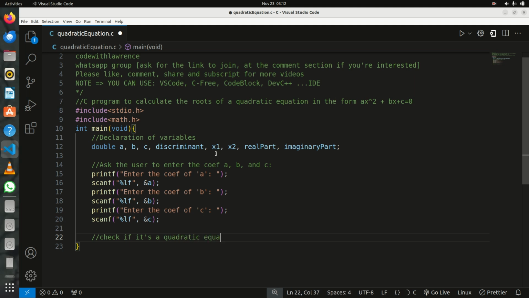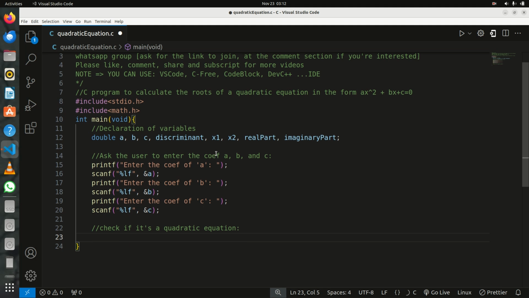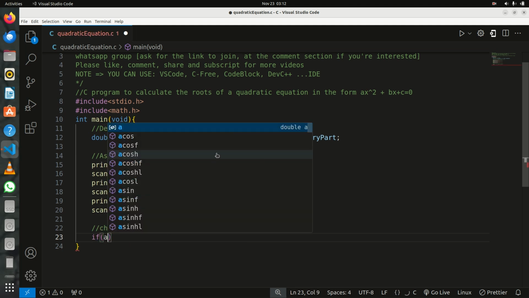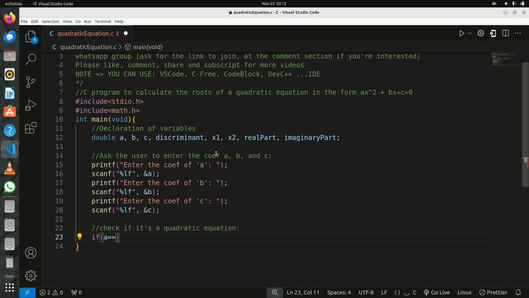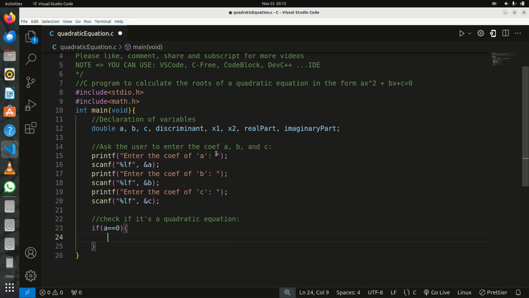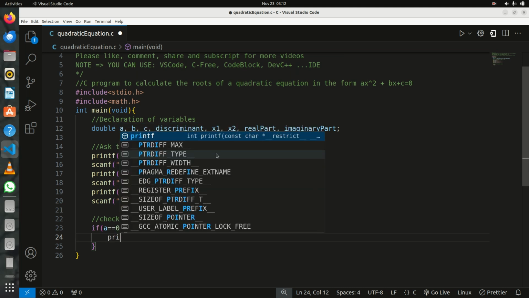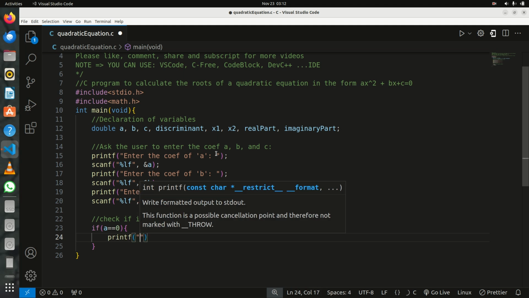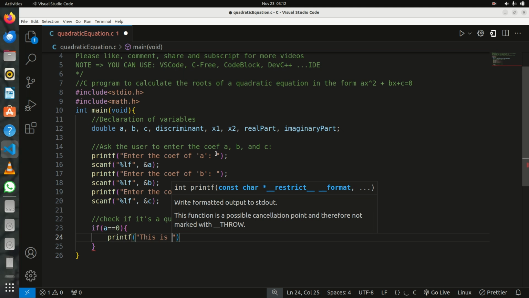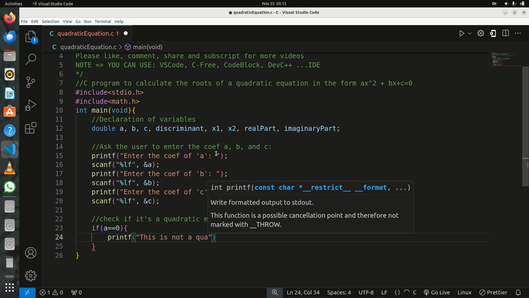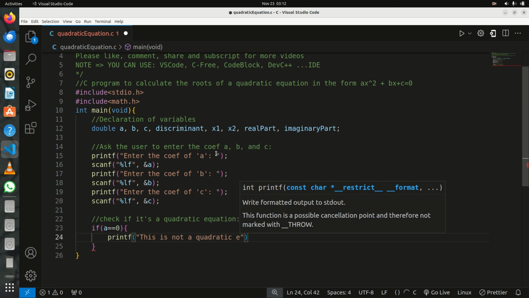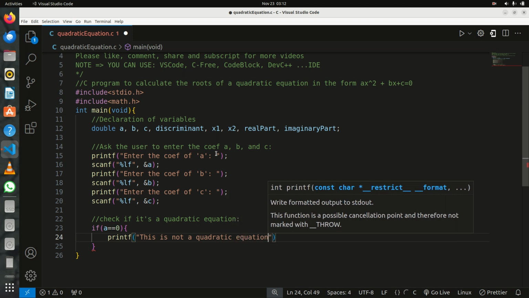If a is equal to 0, what do we do? Print f, this is not a quadratic equation. Why is it not a quadratic equation?